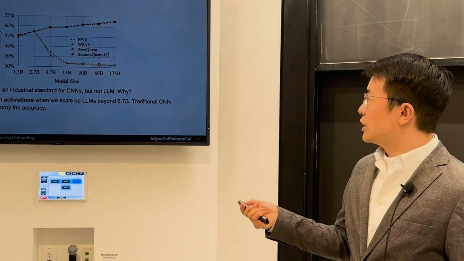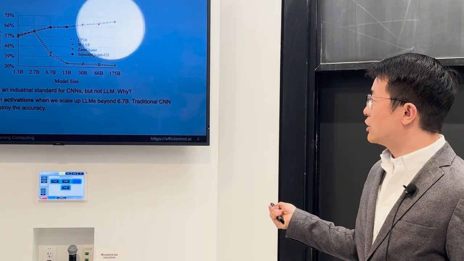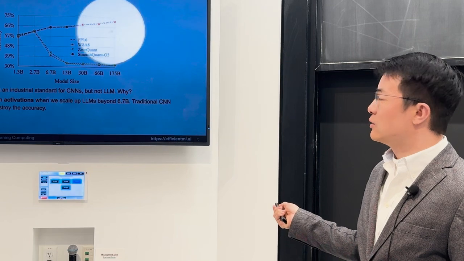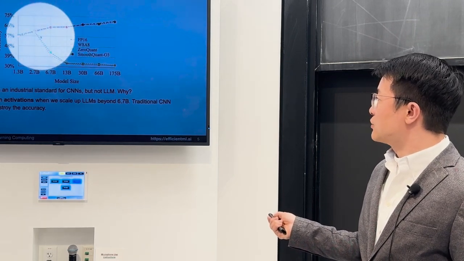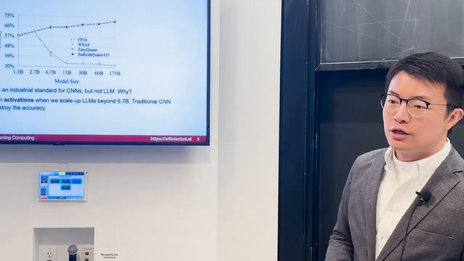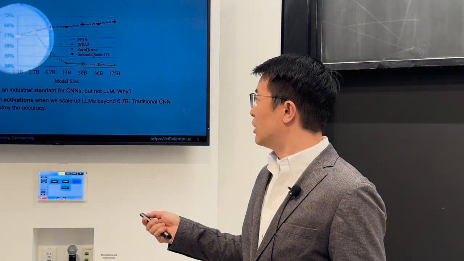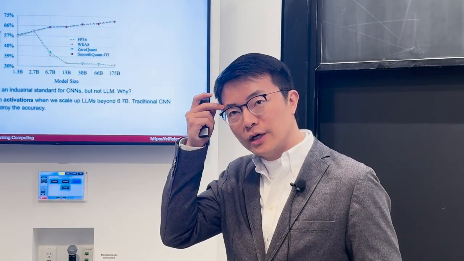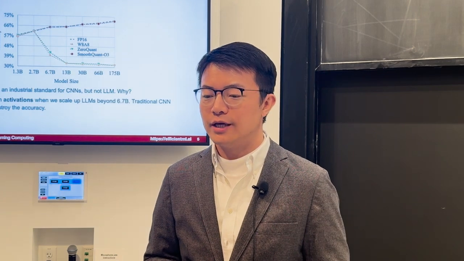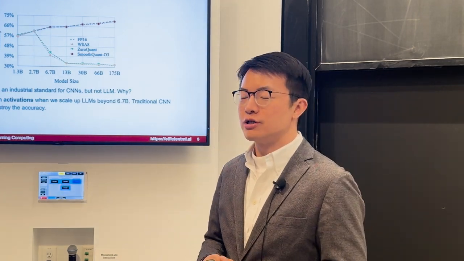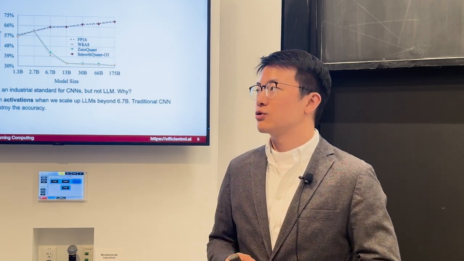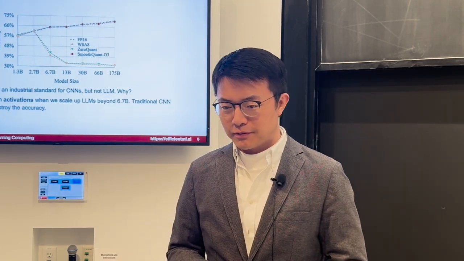When the model size gets pretty large, from 1.3 billion to 6.7 billion, 13 billion, 175 billion, the accuracy for the 8-bit quantization is going to drop. So it only works for those small models. When the model gets much bigger, those algorithms that traditionally work for CNNs do not work for large language models. What is the reason why we cannot apply previous quantization techniques to large language models?